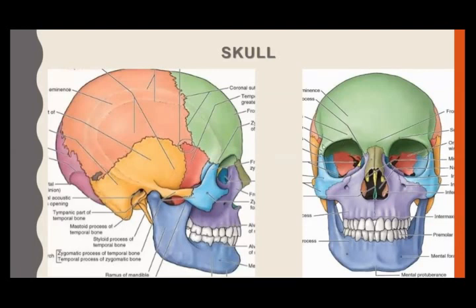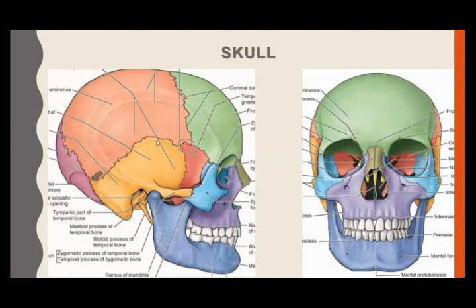And this is the frontal bone. This is articulating with the zygomatic bone. So this is the zygomatic process of this bone, which is the frontal bone. Is it clear so far?